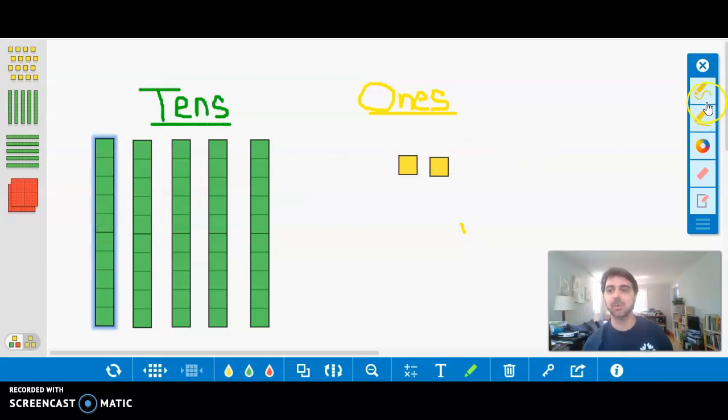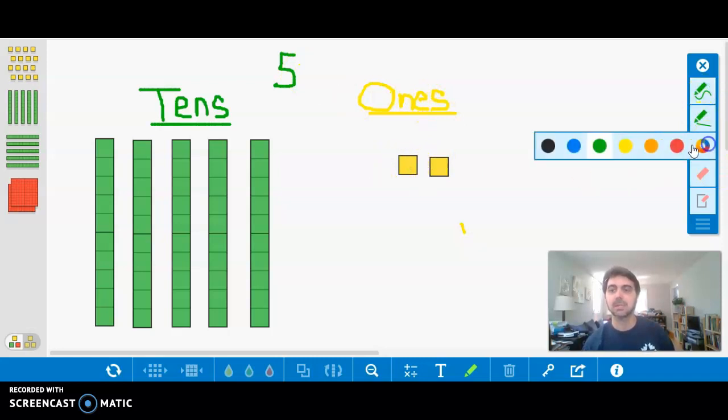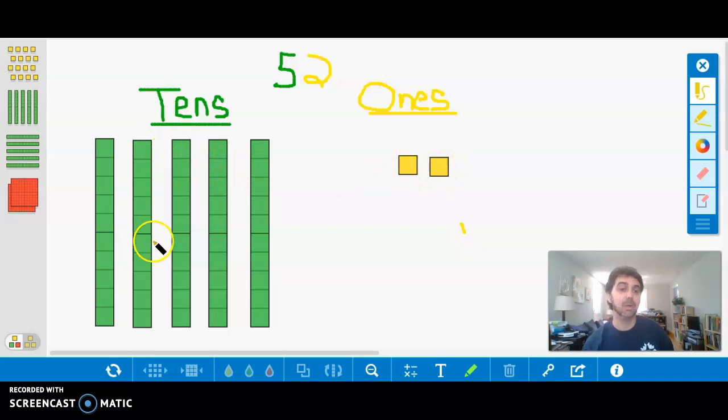So in this number we have 5 tens, and then we still have those 2 ones. So let's make those yellow. We have 2 ones. So we have 52. You can say we have 52 pieces, or 52 butterflies if you want to think of it that way.